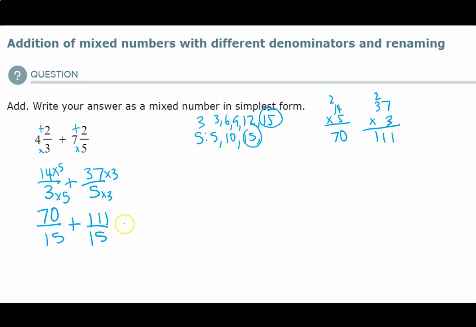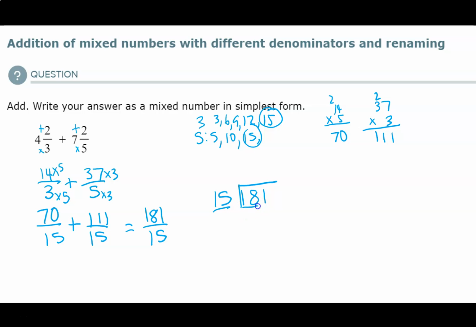Alright, so now I'm supposed to add those together, so 111 plus 70 is going to give me 181. Okay? This is still an improper fraction, so I must go ahead and divide that out. So I'm going to take 15 and put it into 181.